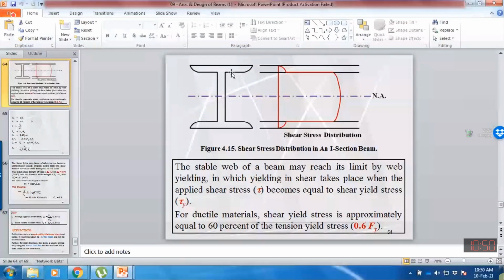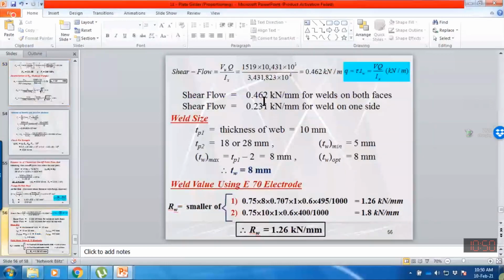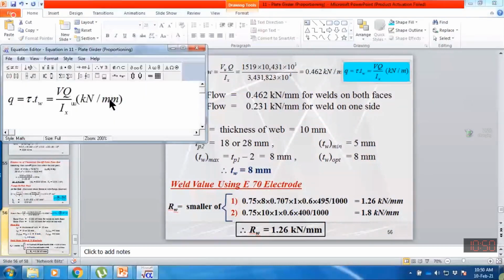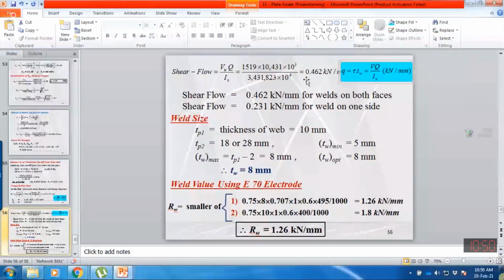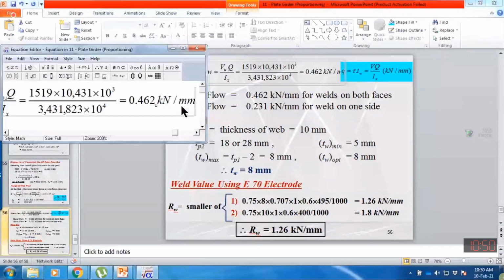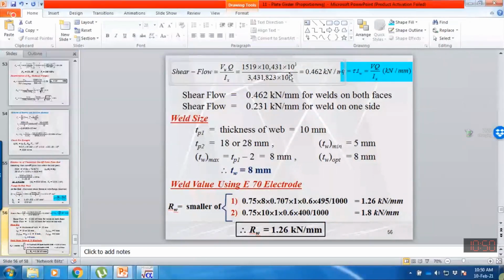So shear flow will be 0.462 kilonewton per millimeter. Sorry, this answer will be in kilonewton per millimeter because we are using the dimensions in millimeter. I need to further reduce it.